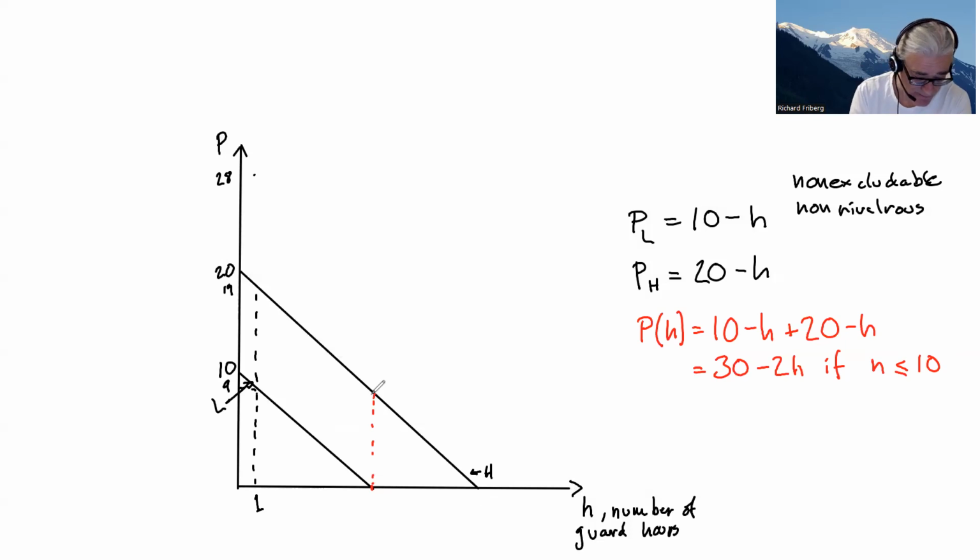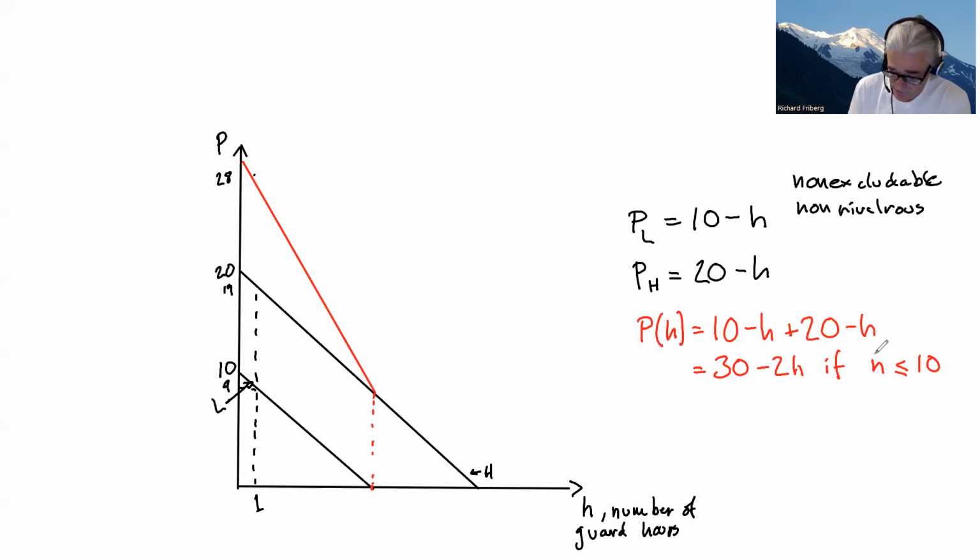So we're using red to denote the market willingness to pay, the combined willingness to pay.